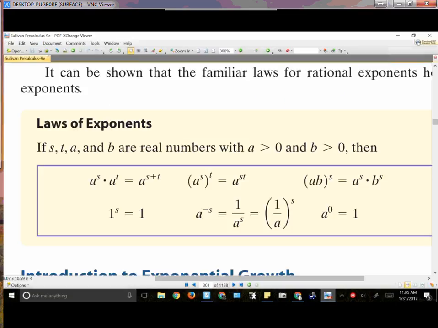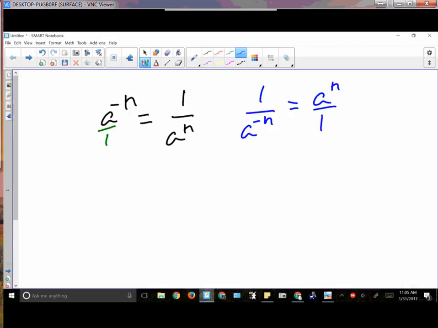Okay? And of course, anything to the 0 power is 1. Now, mind you, I do state a little bit of a qualification there, but generally you think of getting something to the 0 power as 1. You guys know why? Let's say we got a to the n over a to the n. Is that equal to 1?